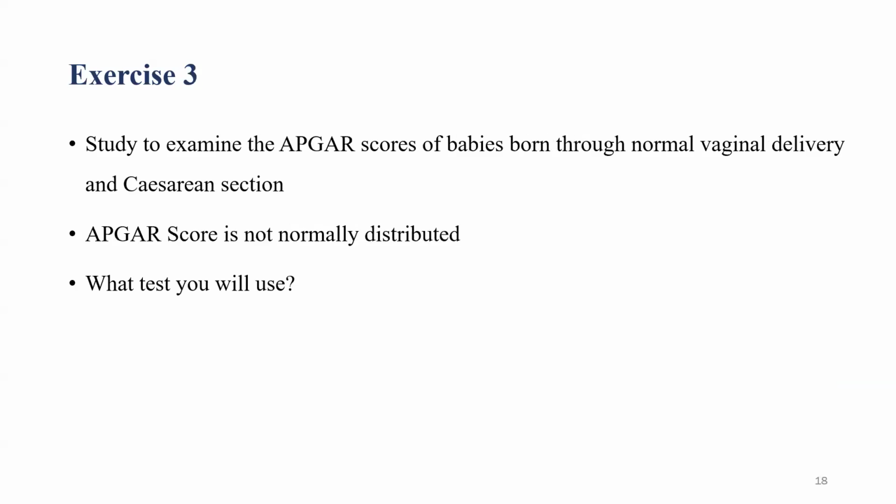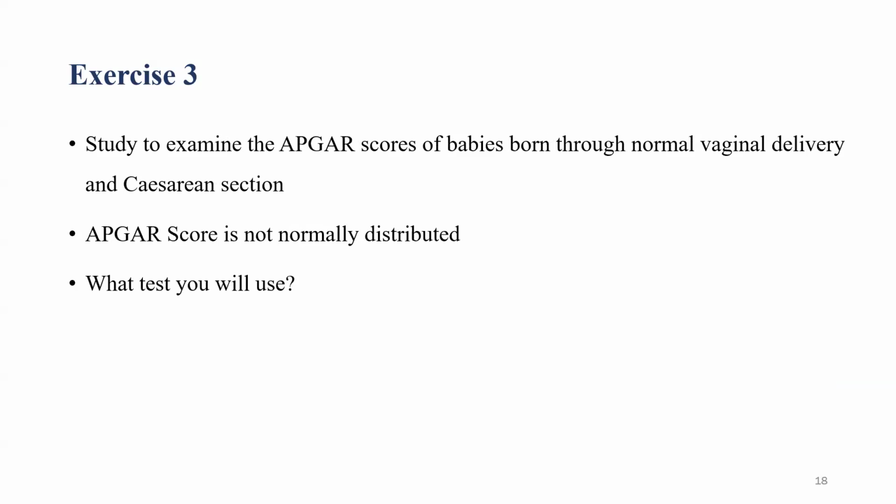Okay, next scenario. We are going to do a study to compare the Apgar scores of babies born through normal vaginal delivery and through cesarean section. Here Apgar score is not normally distributed.